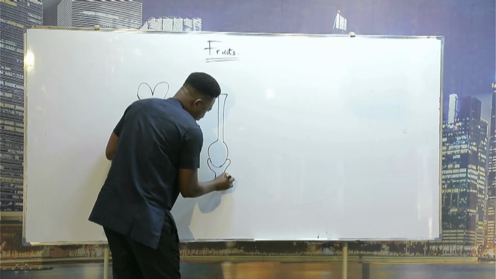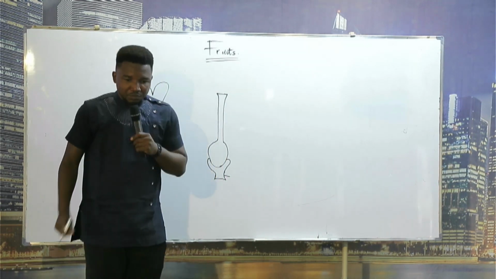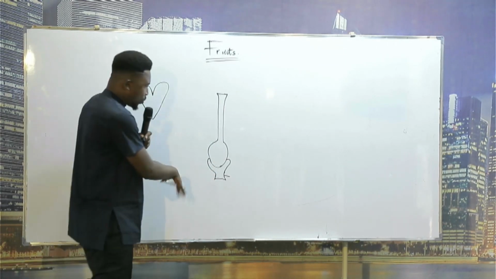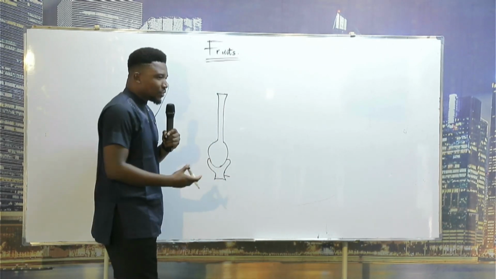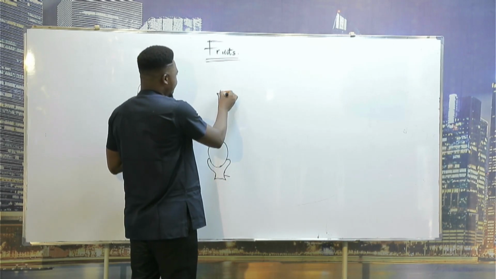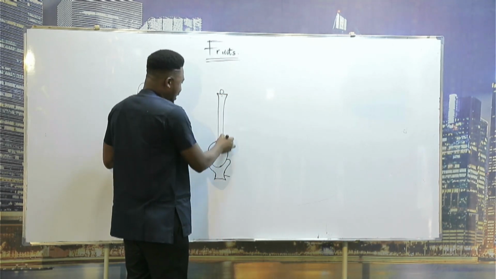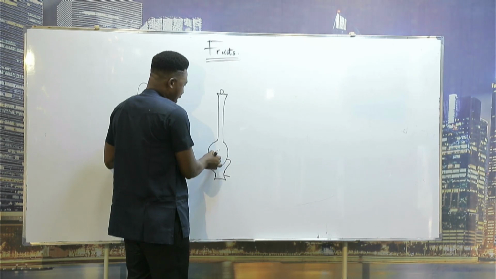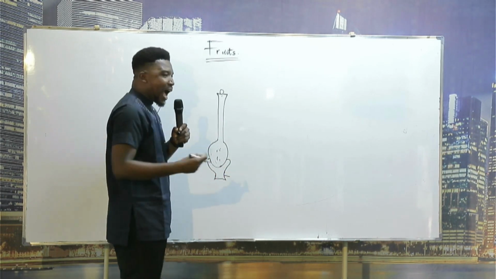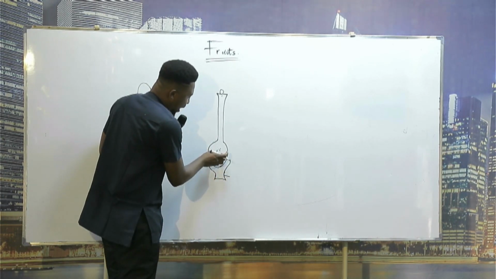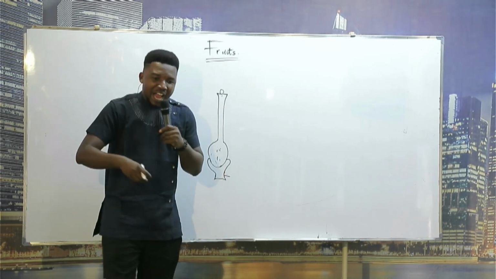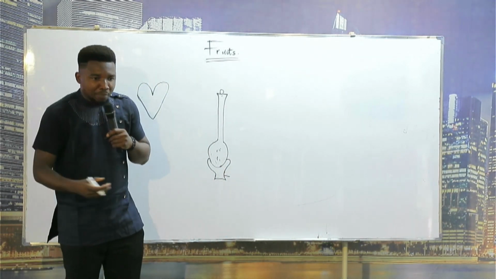Then you now meet the pedicel, right? Now, if you look at this very well, you observe that once the pollen grain has combined with the ovule here, the next thing is that there will be formation of chemical substance inside the ovule.